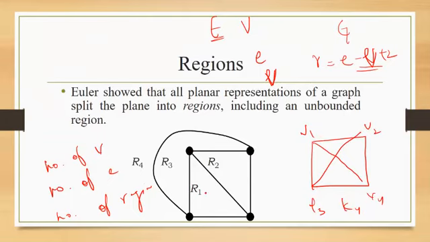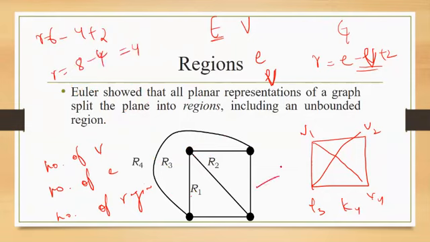A region in a graph is basically an enclosed part which creates a cycle, and also the unbounded region of the graph. Over here we have R1, R2, R3 and R4 regions. So R we have to find out. We already know, but we'll find out. And what is the value of E? The number of edges is 6: 1, 2, 3, 4, 5, 6. Minus the number of vertices, which is 4, plus 2. So R is equal to 8 minus 4, which is 4.